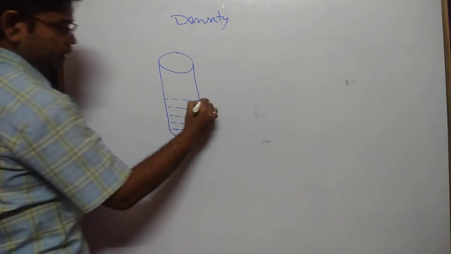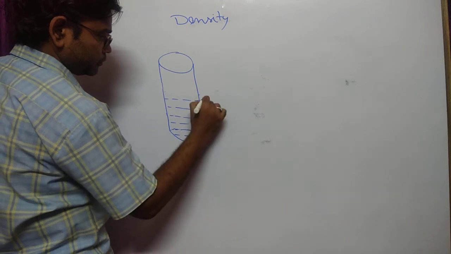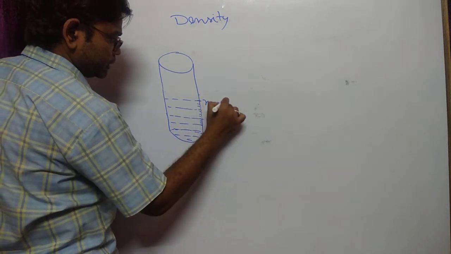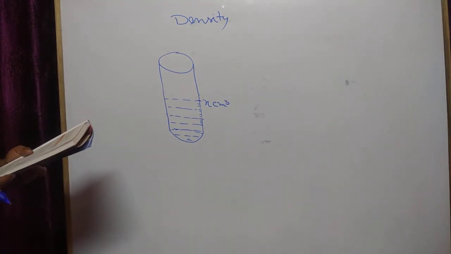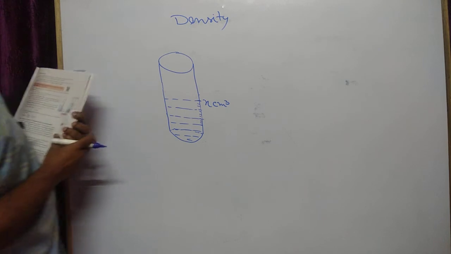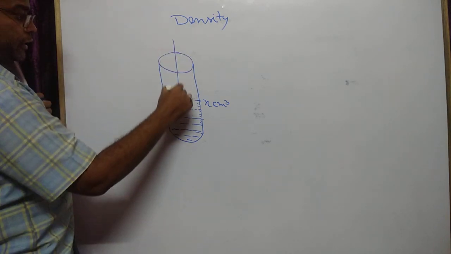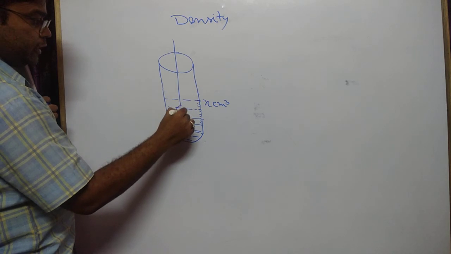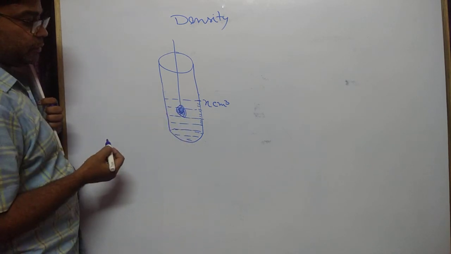Suppose this is x centimeter cube. Now we tie that irregular solid and lower it inside the container. So what happened?